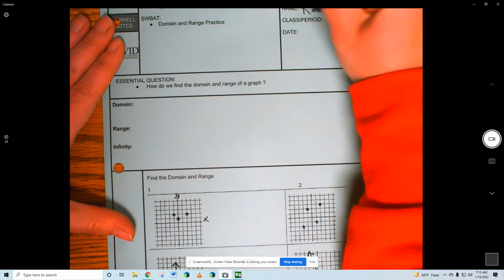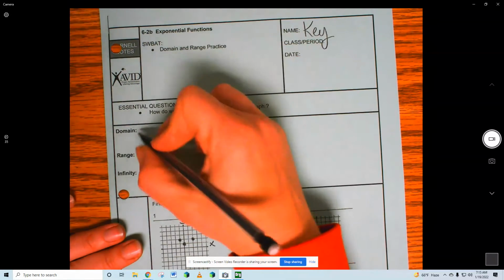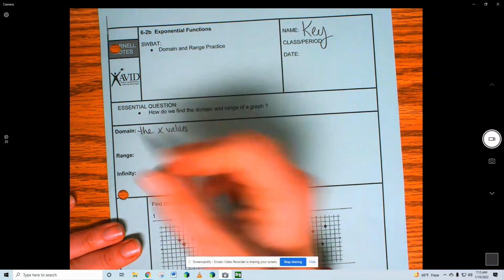So here we go. Domain. First of all, domain is the x values, but it's going from left to right.